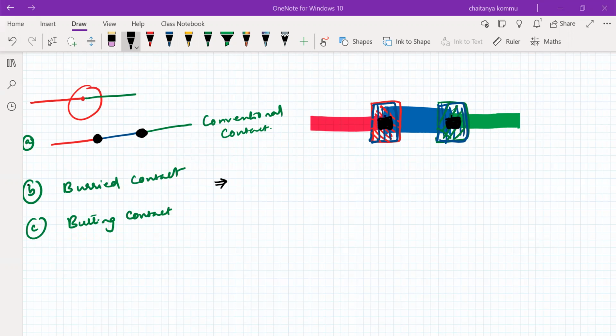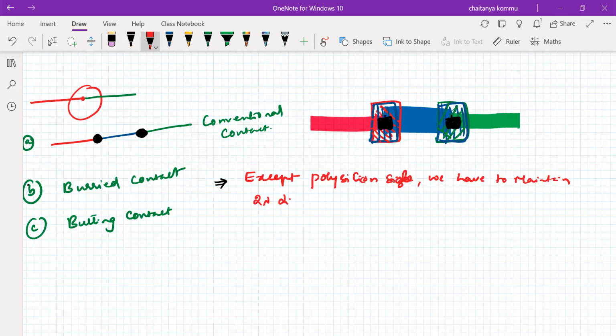Except on the polysilicon side, we have to maintain a 2 lambda distance for the overlap region from the channel.